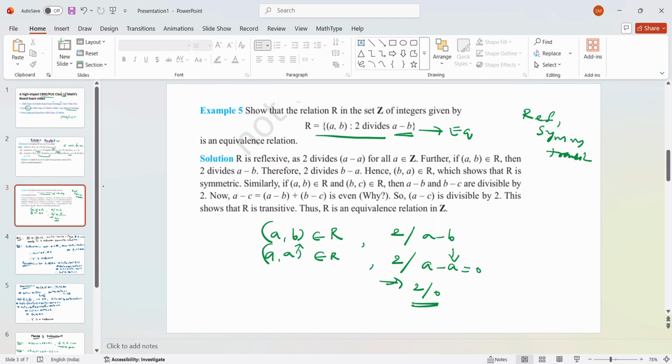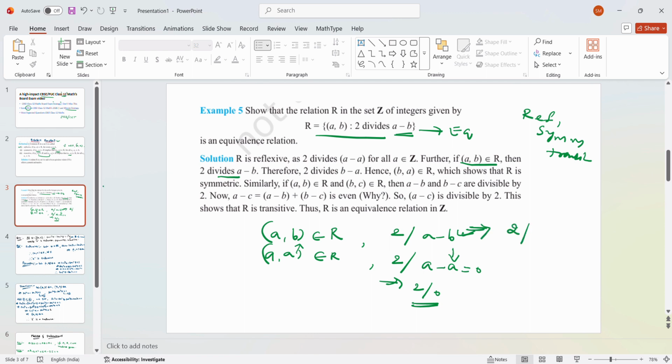Okay, now symmetry. What is symmetry here? If (a, b) belongs to R, then 2 divides a minus b, we have already written. Now what about if this condition is satisfied?